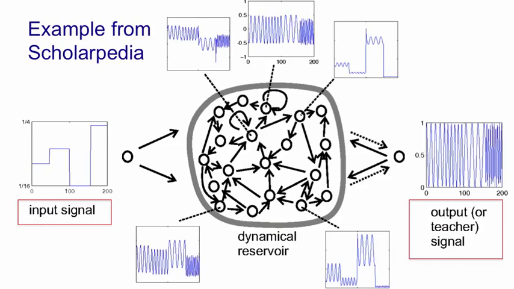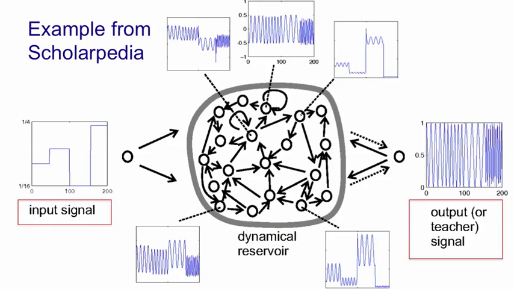And the stuff in the middle is a big dynamical reservoir, so the inputs coming from the input signal drive those loosely coupled oscillators and cause complicated dynamics that goes on for a long time. And those output weights are learning to map that complicated dynamics to the particular dynamics you want for the output.